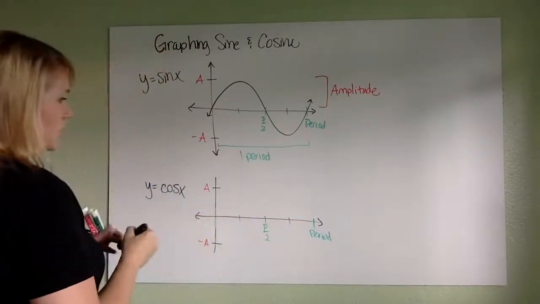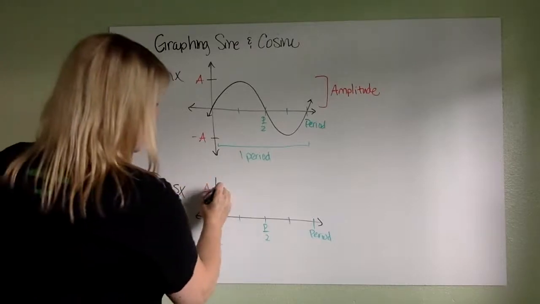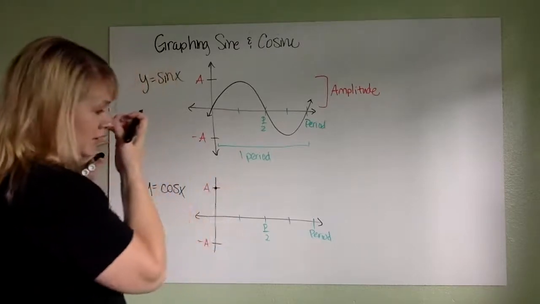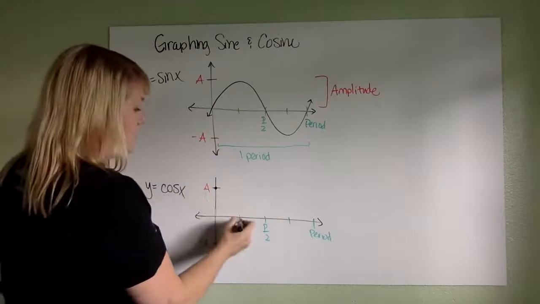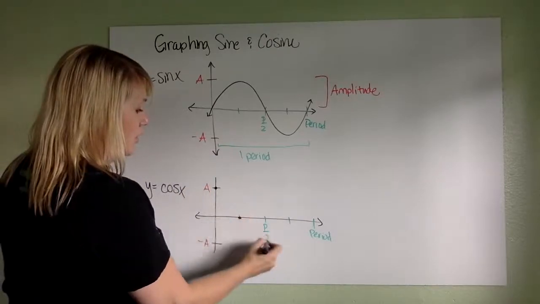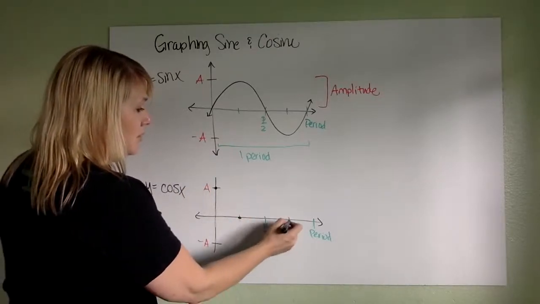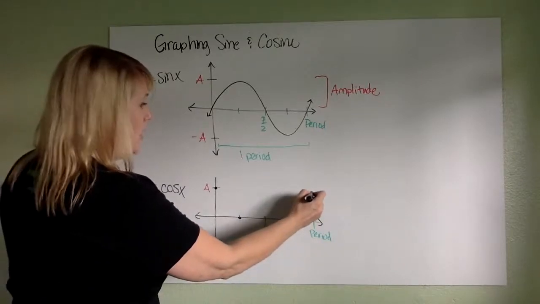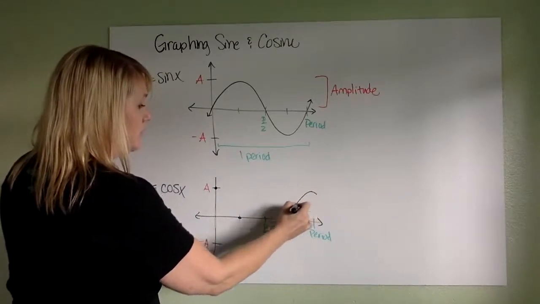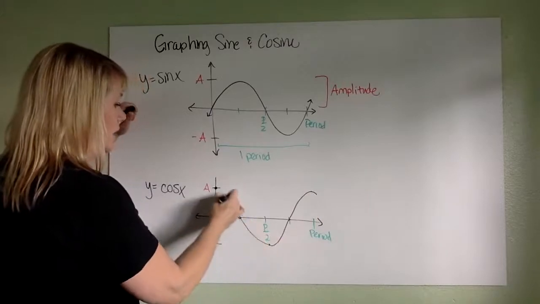And the cosine function starts at the top. So it starts with a maximum value, to the x-axis, so a 0, to a minimum, back to the x-axis, 0, and then ending with a maximum value. So its function looks like this.